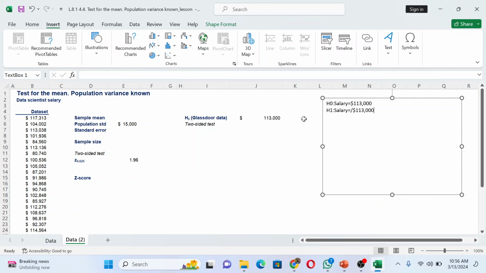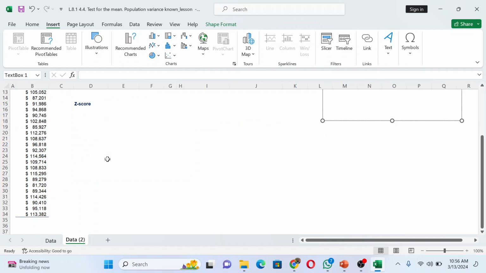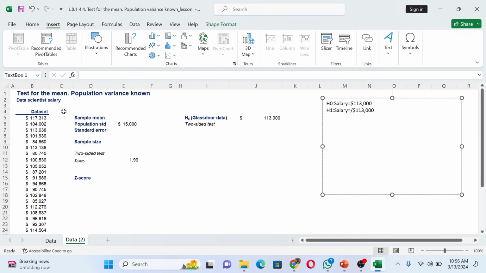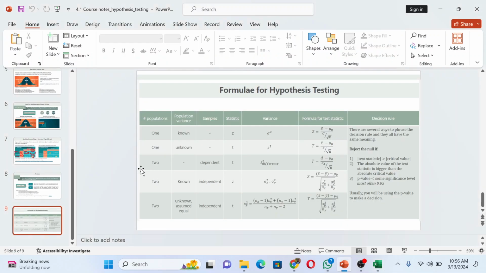Basically here we don't have the confidence; we are testing at a 95% confidence interval. So let us go back to our notes. One population, population variance known, means you are going to use the Z.